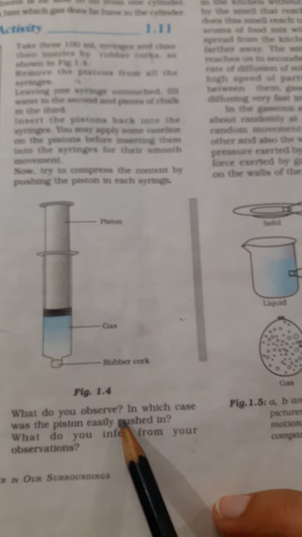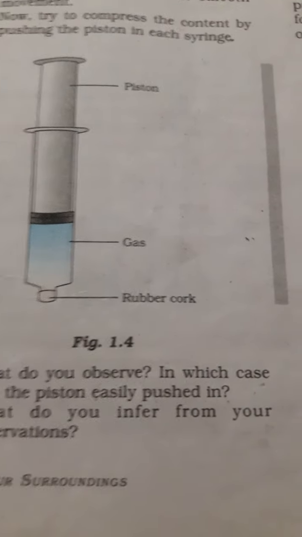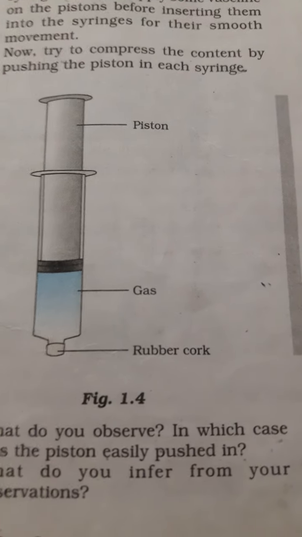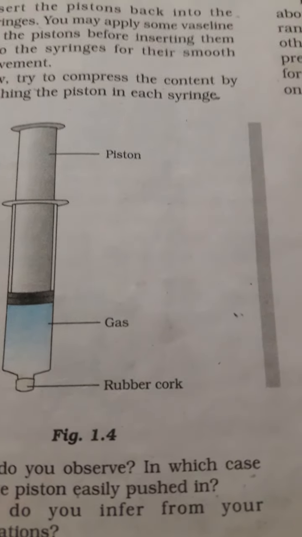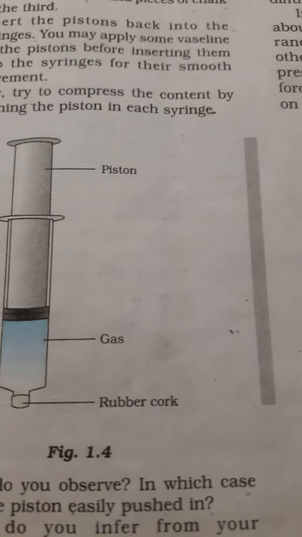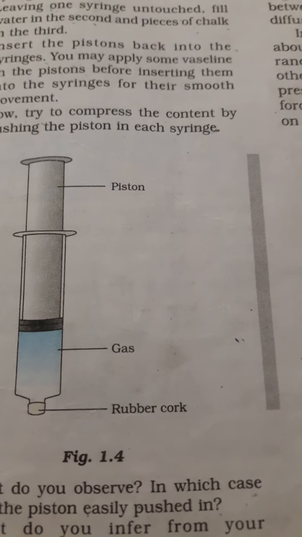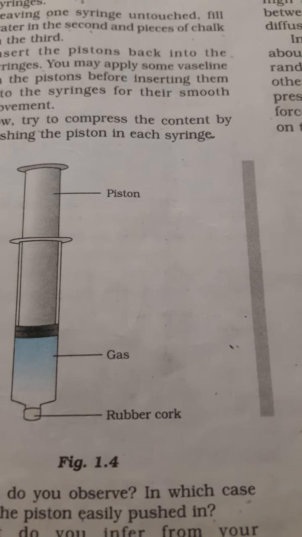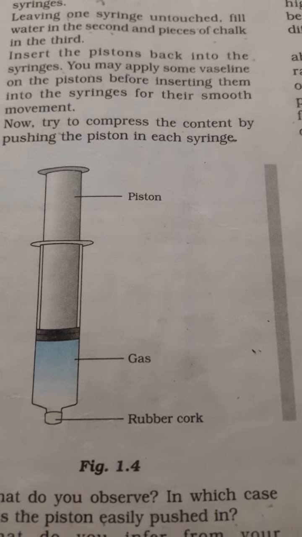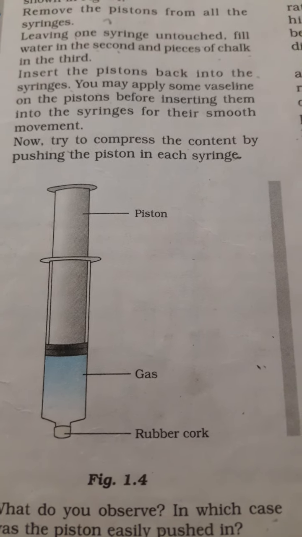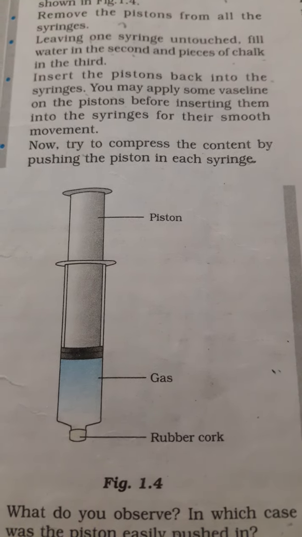What do you observe? In which case was the piston easily pushed in? The syringe which was left untouched, the first syringe, because it contained air, was the one in which the piston was easily pushed in. In the second, in which we took water, it was pushed in only a little.